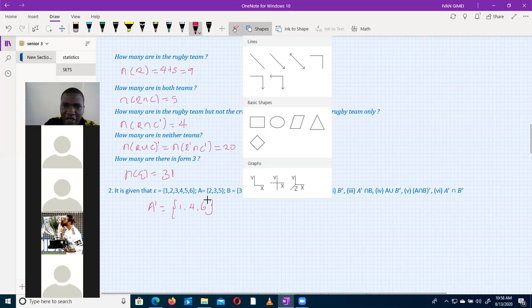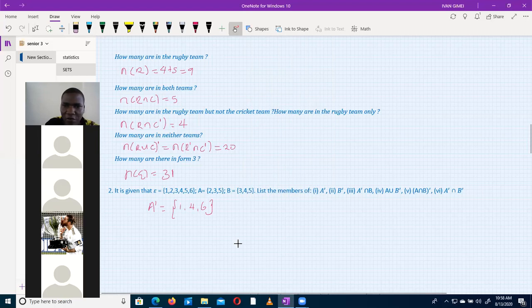But you can also draw a Venn diagram to help you visualize what you're trying to do. If I put a Venn diagram here, let me not use a lot of space.